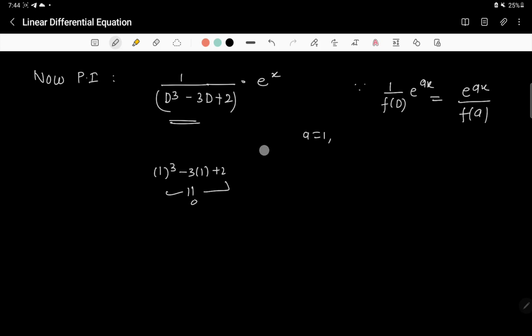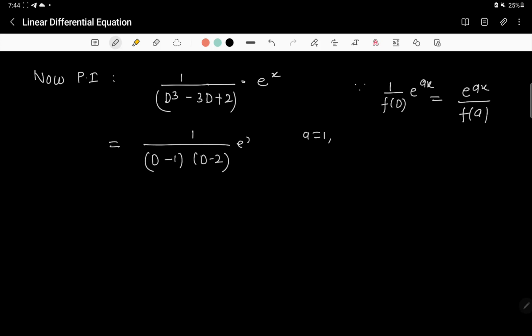First we decompose this operator. We must convert this relation into the linear form. We already obtained the factors of this relation, so this is (d minus 1)(d minus 2), since you know that (d minus 1)(d minus 2) is nothing but d cube minus 3d plus 2.